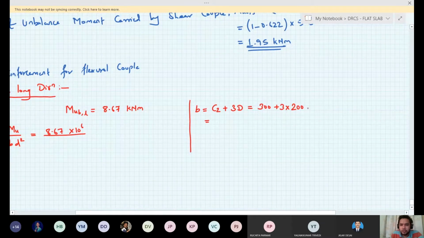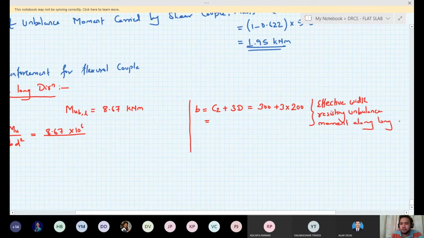This is actually the width of the critical section, or the effective width resisting the unbalanced moment, for the moment along the long direction. How much is this value?